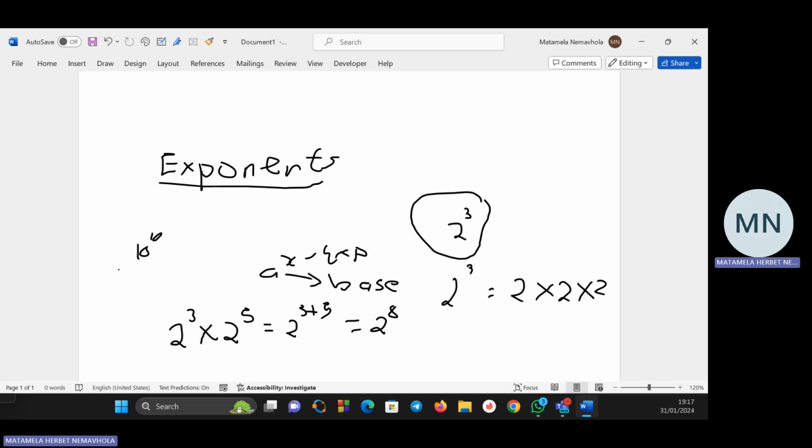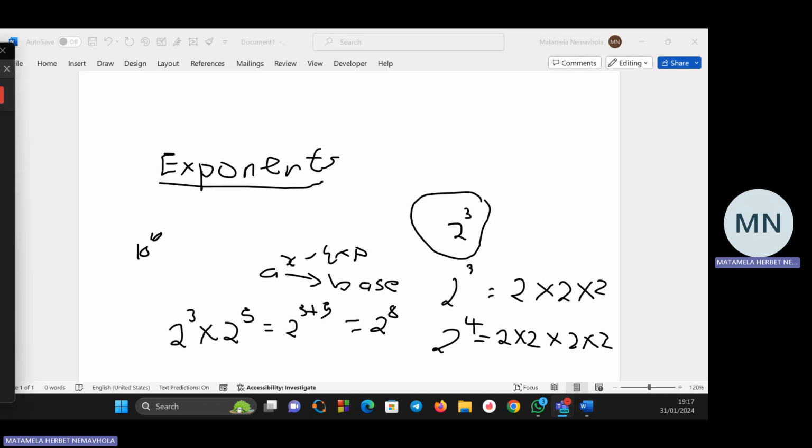So if you say 2 to the power 4, it means 2 is multiplied by 2, and again by 2, 4 times: 1, 2, 3, 4. That's what it means when we say 2 to the power 4.